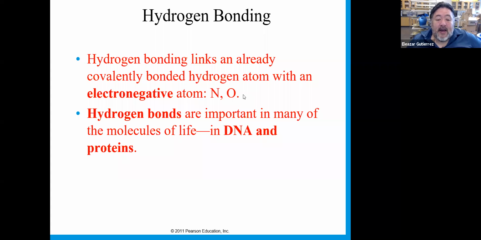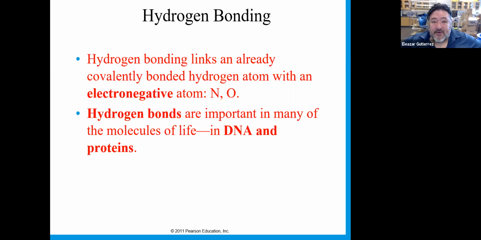Okay. It's very important for you to understand that hydrogen bonding is important in how DNA and in particular proteins fold. Okay, proteins fold in a very specific manner due to their electrostatic interactions. Some of these have to do with hydrogen bonding.